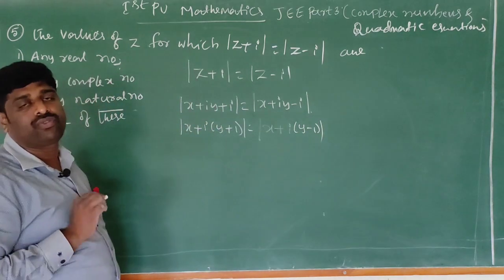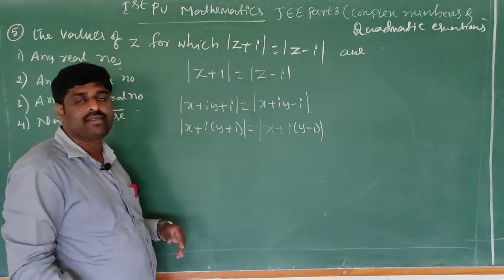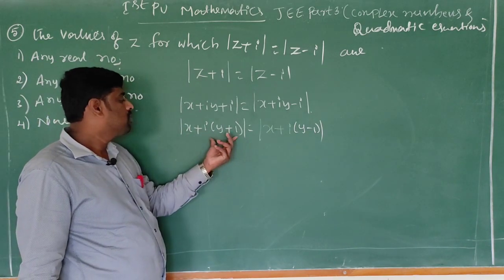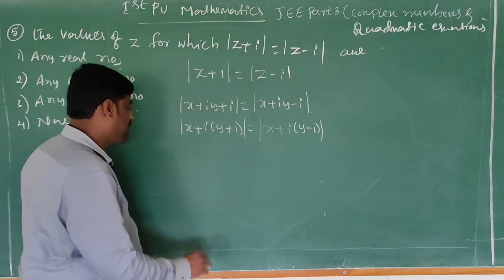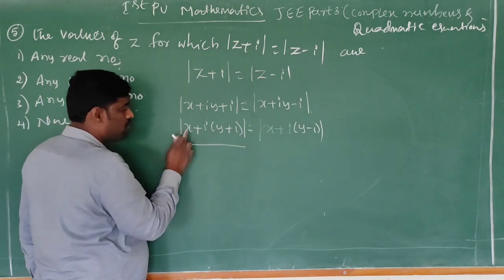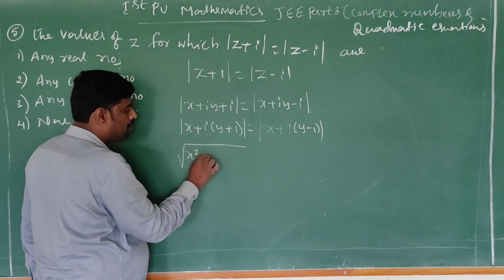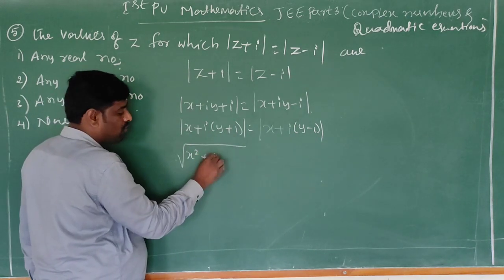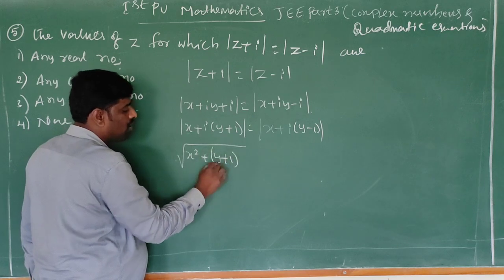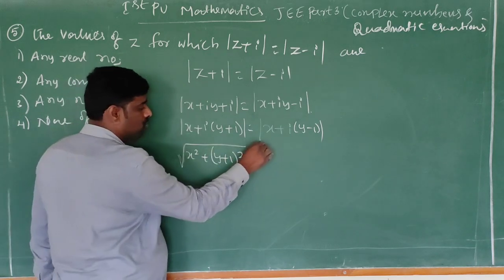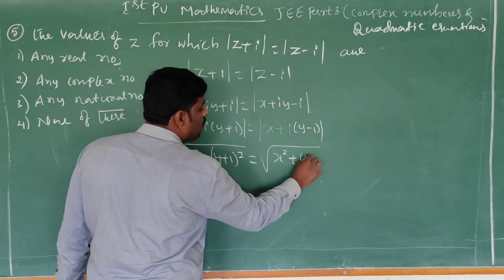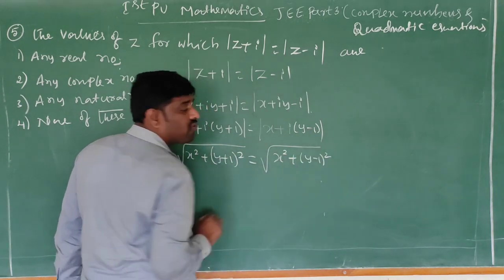The modulus of this number is the square root of real part whole square plus imaginary part whole square. So square root of x square plus (y plus 1) whole square equals square root of x square plus (y minus 1) whole square.